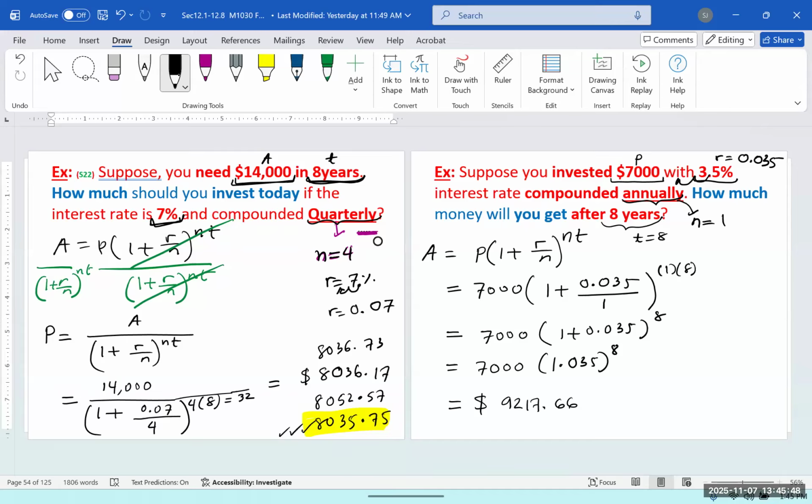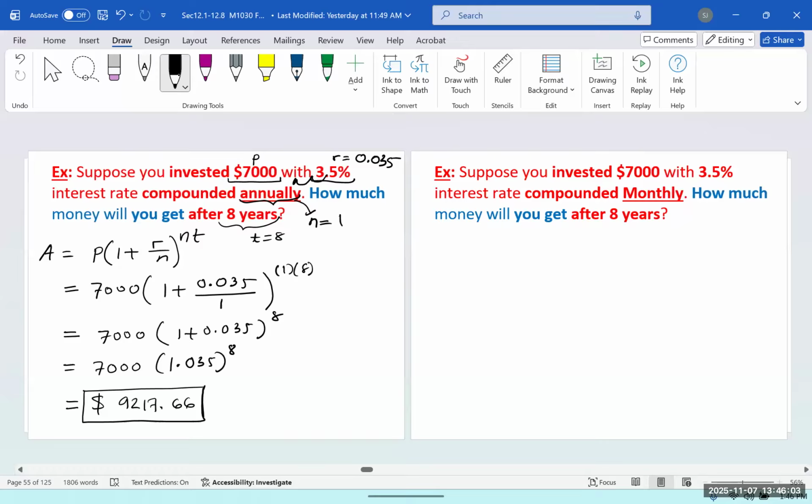George, what do you have? Same? Okay. So you said, well, 7,000 turned into 9,217. Let's see how it changes if I decide to compound monthly instead of annually.